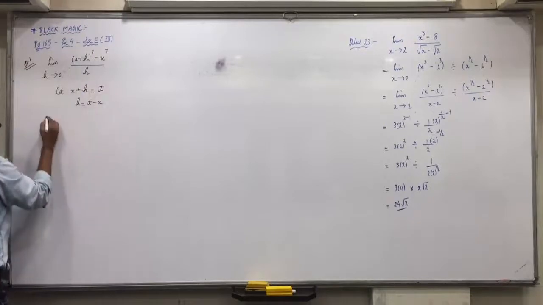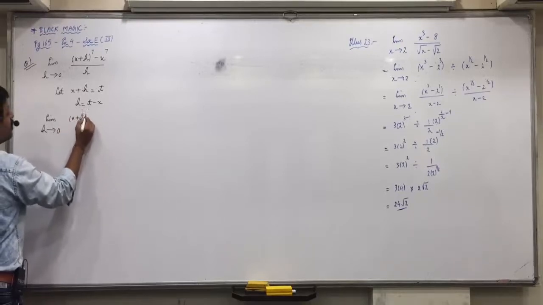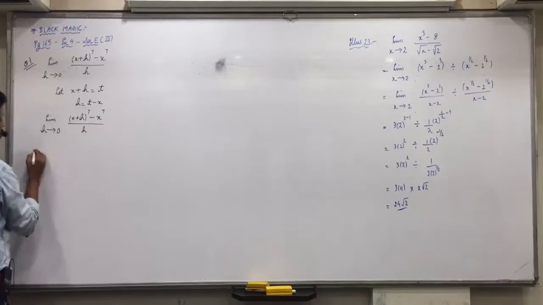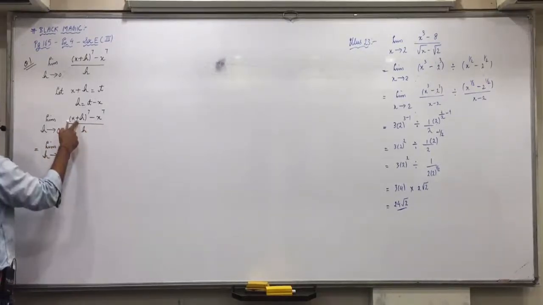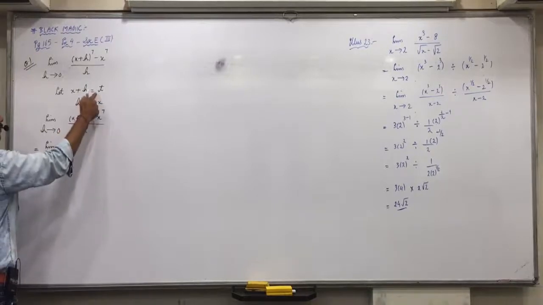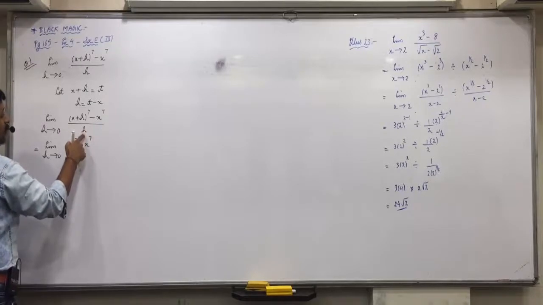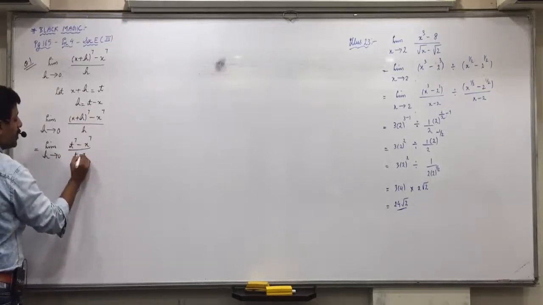Now I write this again. Limit h tends to 0, (x plus h) raised to 7 minus x raised to 7 upon h will be equal to limit h tends to 0, in place of x plus h can I write t? Yes. t raised to 7 minus x raised to 7. In place of h can I write t minus x? Yes. This is black magic.